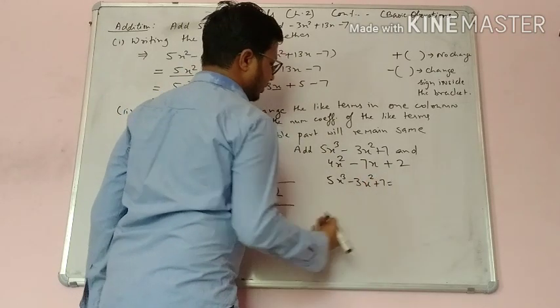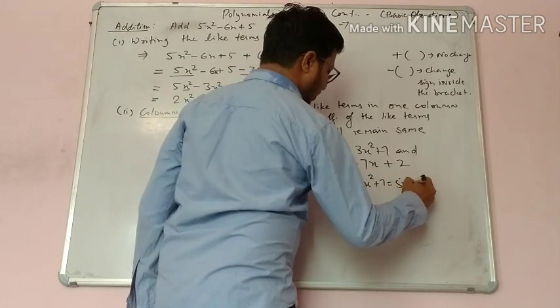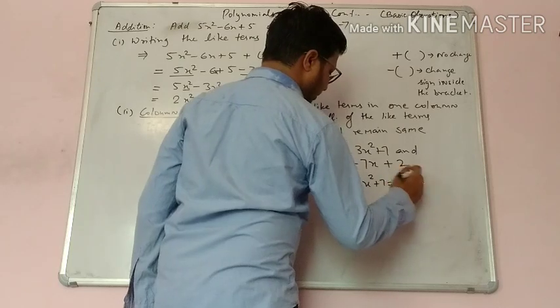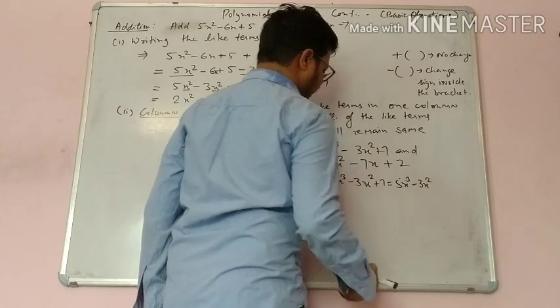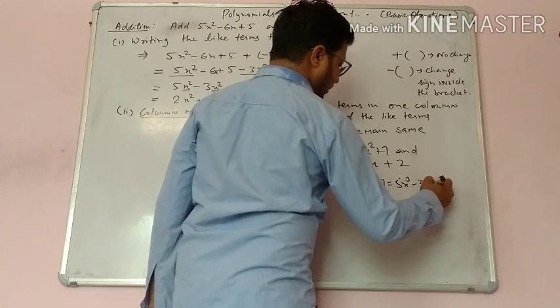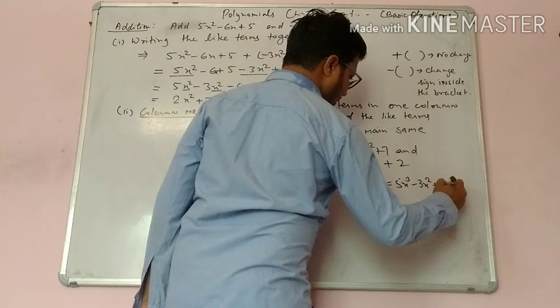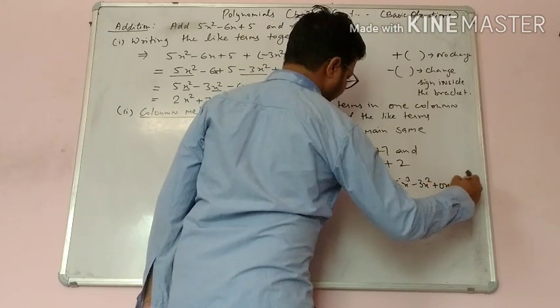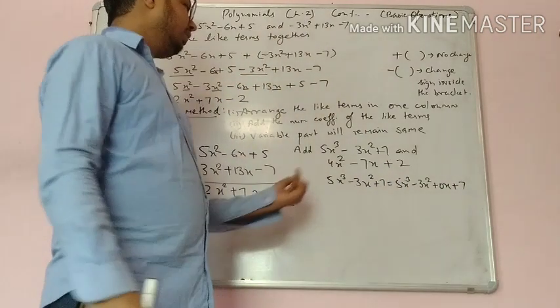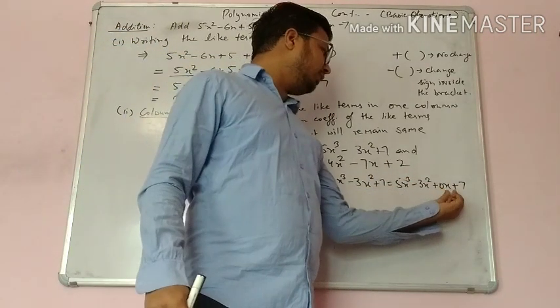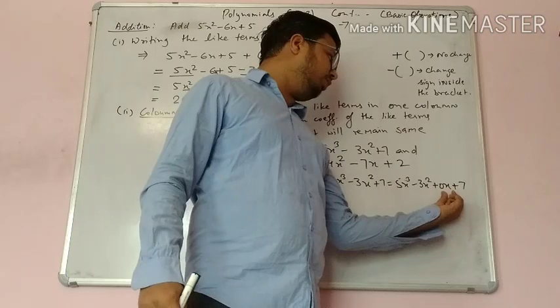You can write it as 5x cube minus 3x square plus 0x plus 7. One term is missing, like the powers 3, 2, 1. One power is missing, so you will write that with 0.